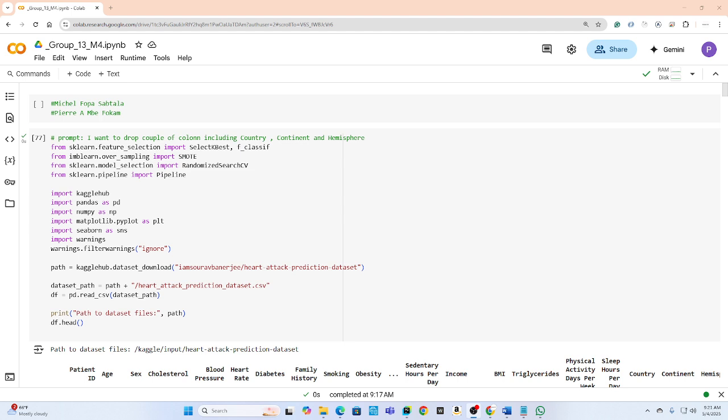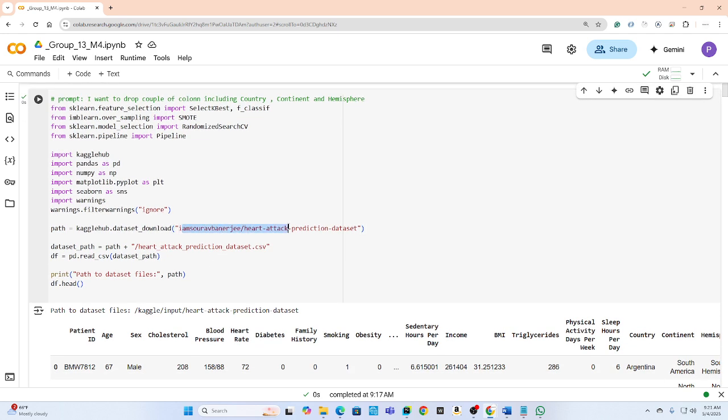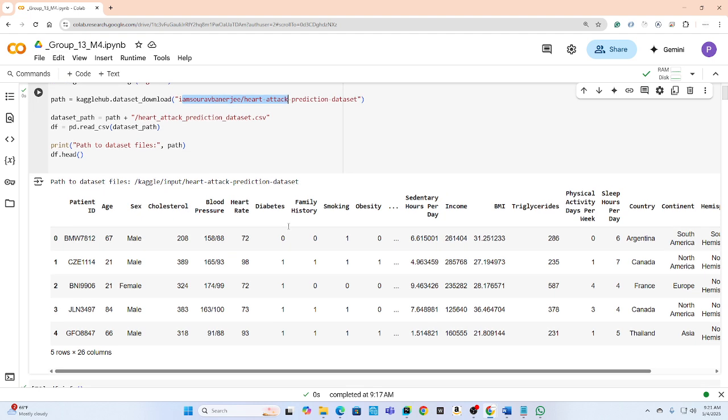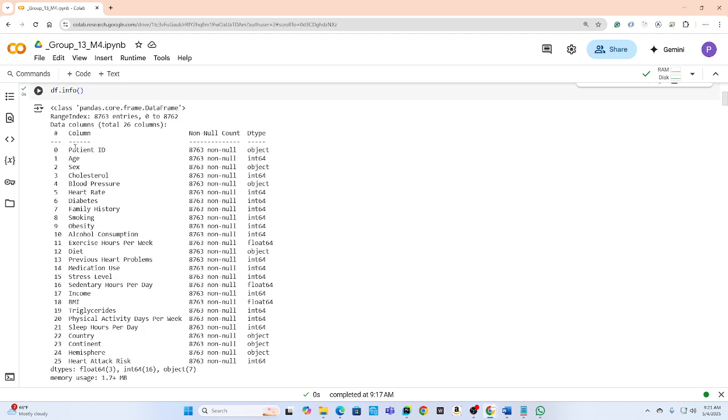The dataset. We use a dataset from Google, as you can see. We loaded our dataset from Google, which includes medical and demographic information of patients, such as age, sex, gender, cholesterol level, blood pressure, heart rate, diabetes, family history, whether the patient was smoking or not, obesity, and so on.